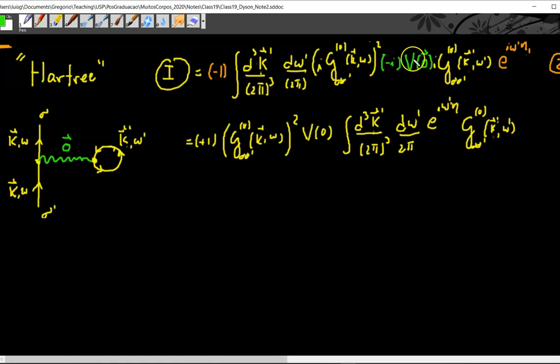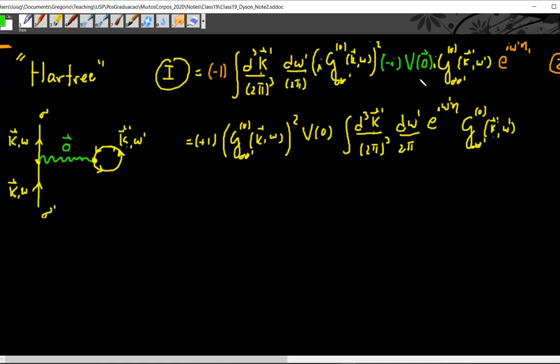So small momentum in frequency space translates into large distances in real space. So if I Fourier transform this and take the 0 momentum contribution, I'm taking the long range contribution.